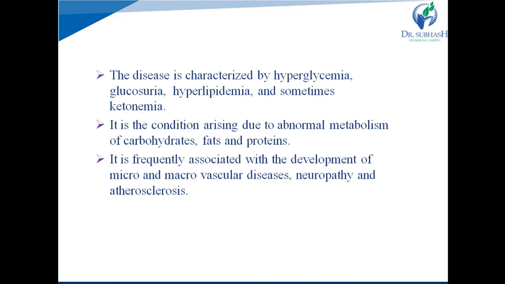Hyperlipidemia means an enhanced level of lipid, and sometimes ketonemia means an enhanced level of ketone bodies. It is a condition arising due to abnormal metabolism of carbohydrate, fat and protein. To get energy, our body activates alternative pathways, and these alternative pathways are carbohydrate, fat and protein metabolism.